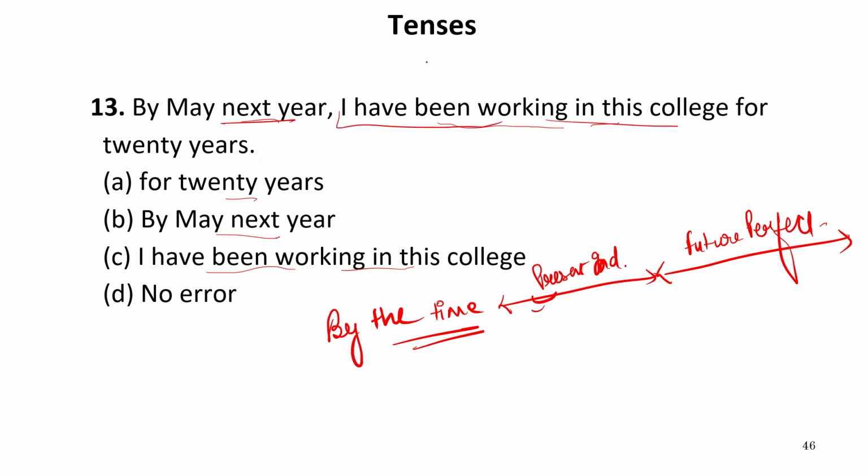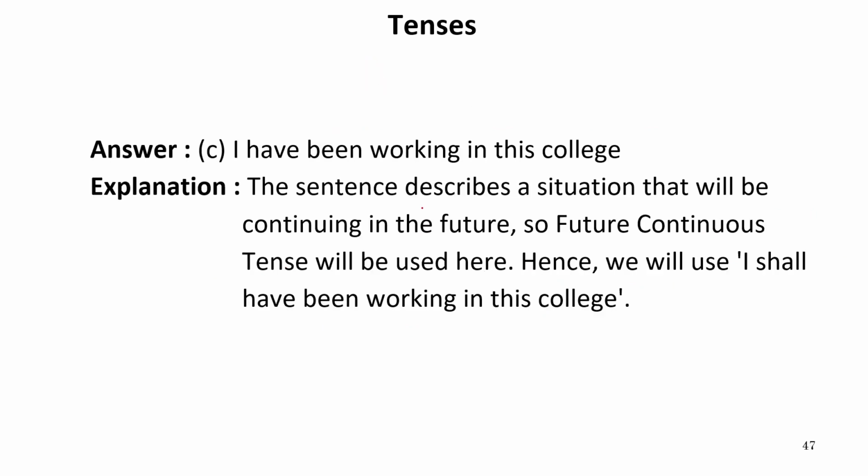So this remaining clause should be in future perfect continuous. So it will be I will have been working. So our answer will be C, that is I have been working in this college is incorrect. Instead of it, we should write I shall have been working in this college.